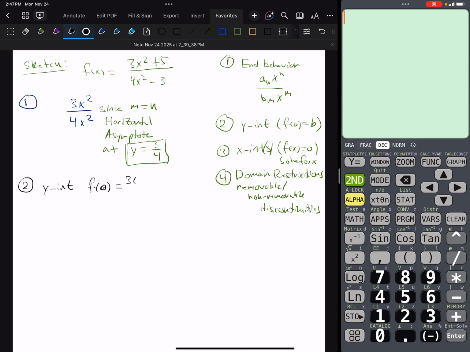Instead of 3x squared, I've got 3 times 0 squared plus 5 all over 4 times 0 squared minus 3. Well, 0 times something is always 0, so those are 0. And so what I end up with is 5 divided by -3, or -5/3 for my y-intercept.